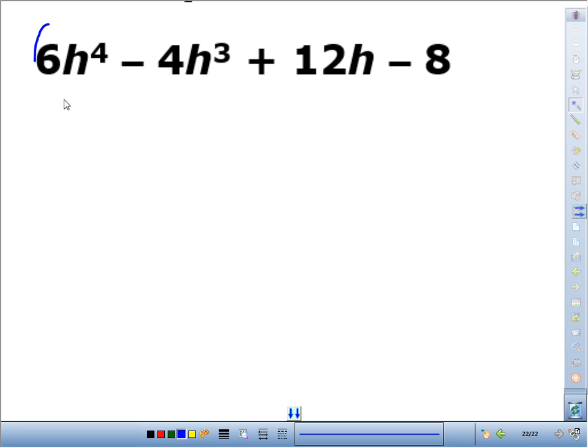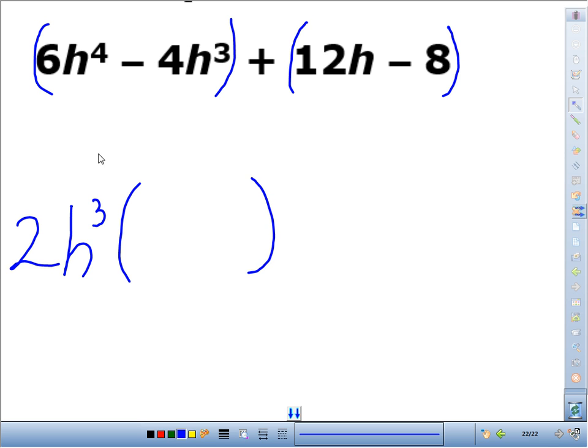Watch, I'm going to group these first two and these second two. I'm going to start with these two first. What is our GCF for these two? 2. What is the smallest variable? H to the 3rd. So therefore, that leaves me with 6 divided by 2, that's 3, and 1h.